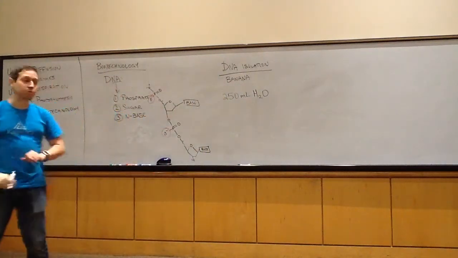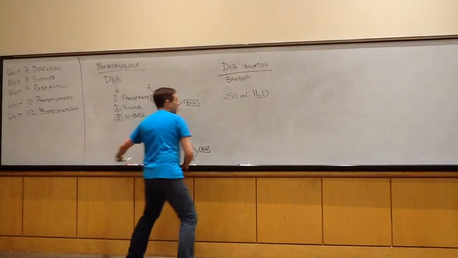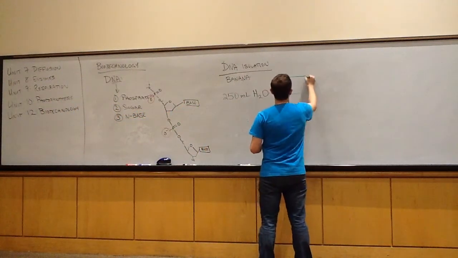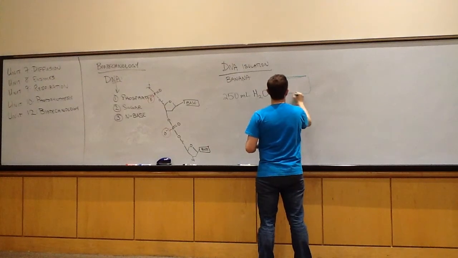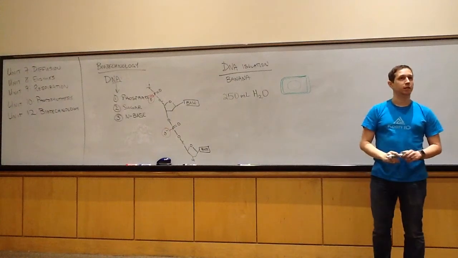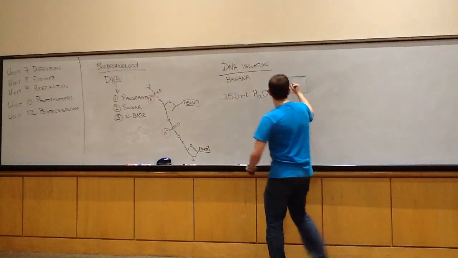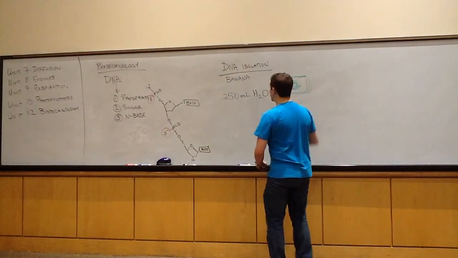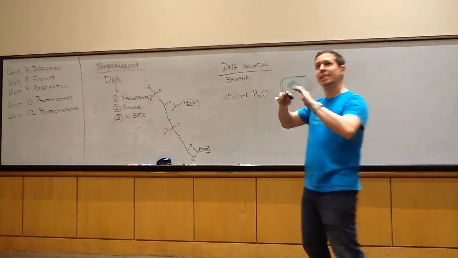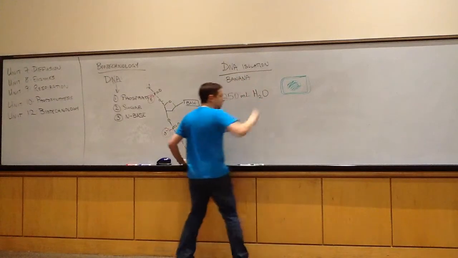Now, let's take a closer look at a banana cell. So a banana cell, which is a plant cell, has a cell wall and a plasma membrane, and where is the DNA going to be? Inside the nucleus, right? It's all the way inside that nucleus. Now I want to isolate the DNA, which means I need to get it away from everything else in that cell.